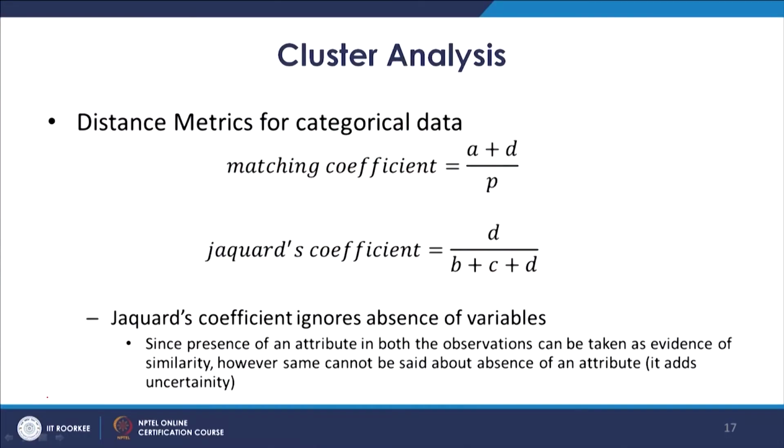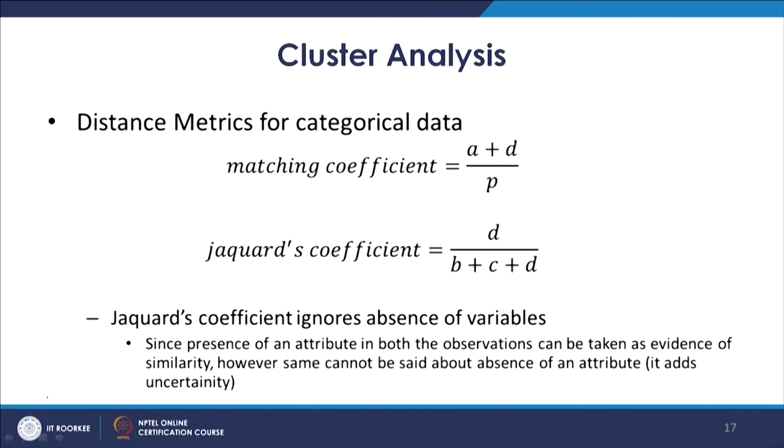In Jaccard's coefficient, you can see that in both the numerator and the denominator, the value of A has been taken off. A has been ignored because absence of a particular attribute in both the observations is not taken as similarity or dissimilarity. We are uncertain whether these absent attributes would have indicated some similarity or dissimilarity. So, A has been taken out of this formula.